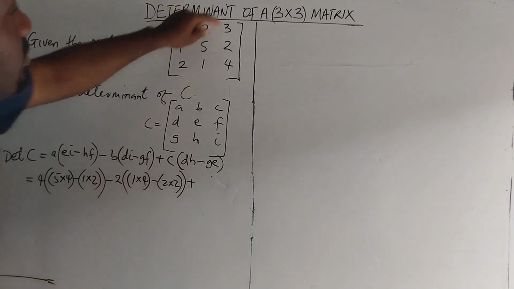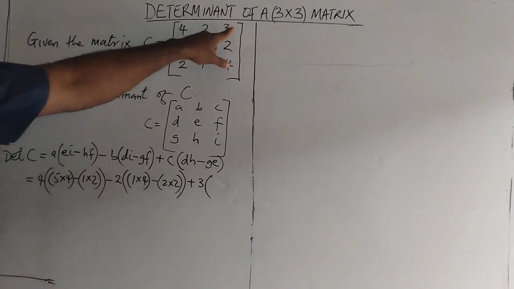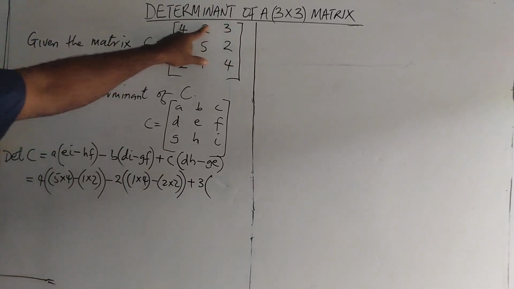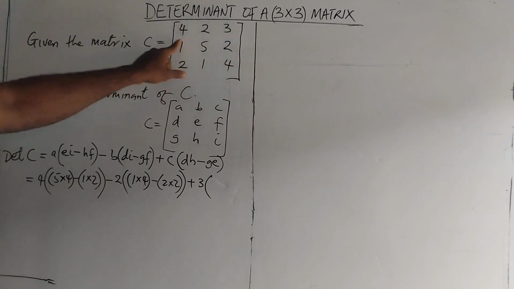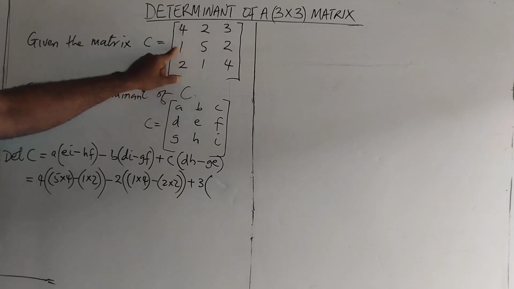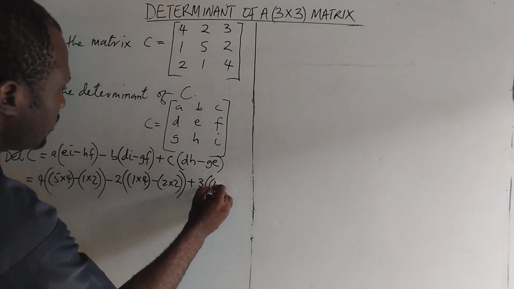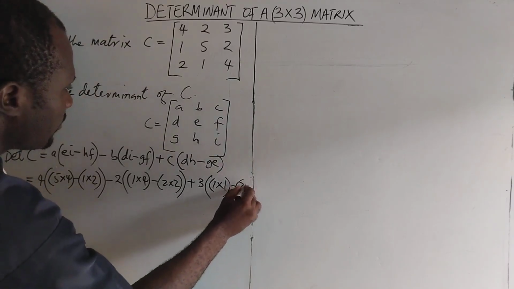And lastly, the third one, which is 3. If you consider 3, remove everything in the same row and column, we will have 1, 5, 2, 1 left. Then the determinant is 1 times 1 minus 2 times 5.